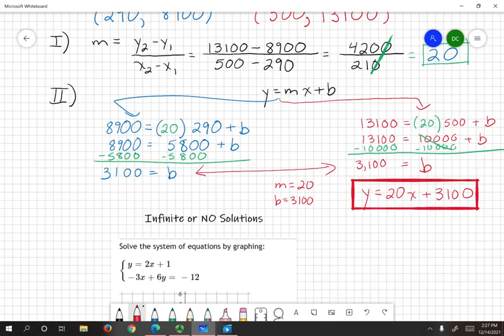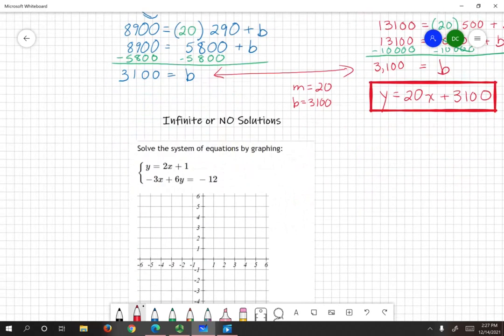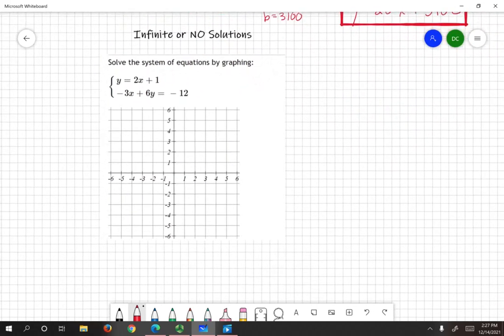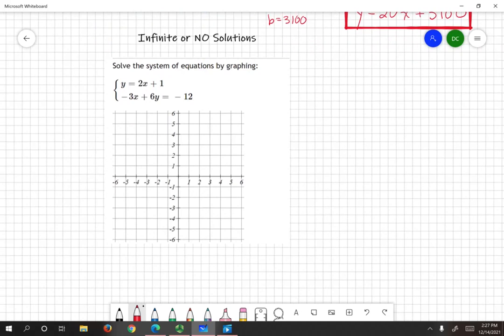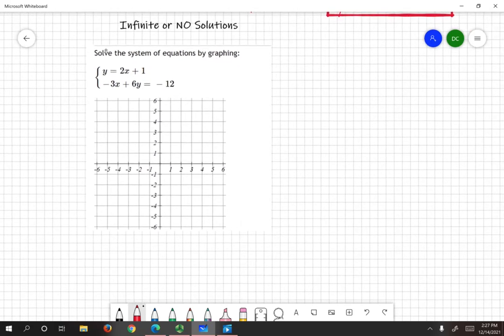Sometimes we get an answer that is infinite or no solutions. Let's talk about this. This says to solve the system by graphing. We're being asked to graph two lines. To solve a system means that we are finding the point of intersection.